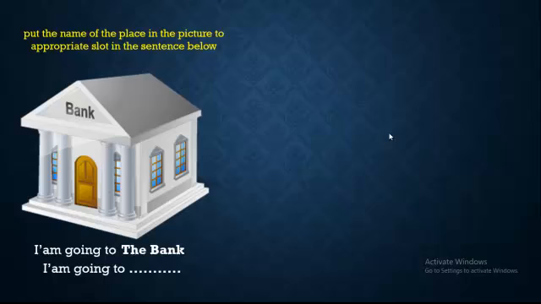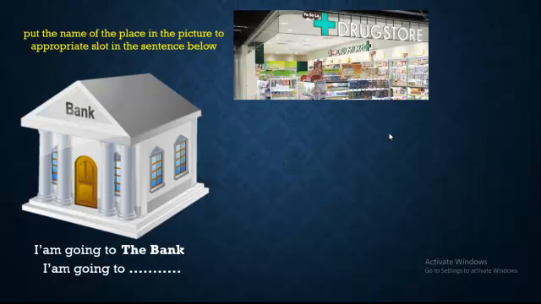And then when the teacher gives a word to the student, the student should say the expression. For example, the picture is a drugstore, so the student should make a sentence, I'm going to the drugstore, and then go on.